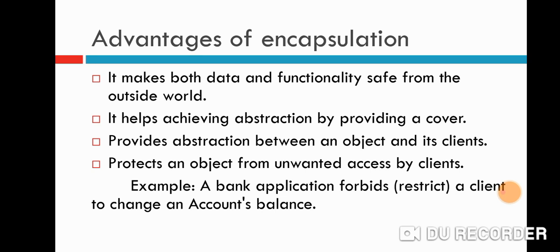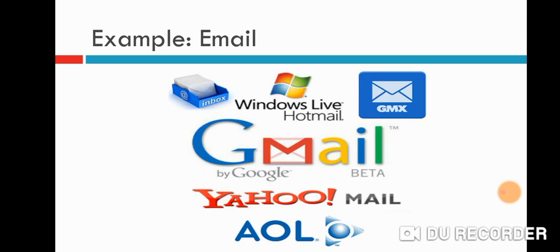So encapsulation can be achieved further by abstraction. Let us understand this by taking an example. Now, children, when we are talking about email, what happens every time you log into your email account, either it is Gmail, Yahoo, Hotmail or any other email account, you have a whole lot of process taking place in the back end and you don't have any control over it.